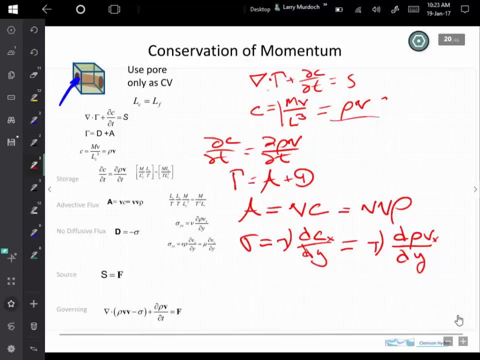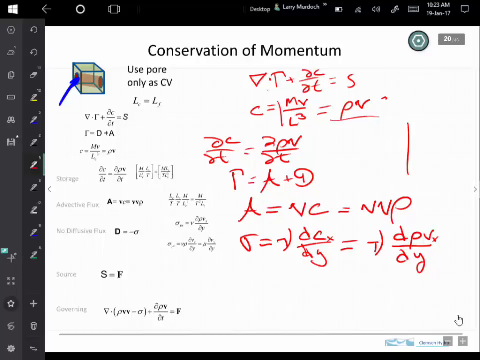And since we're taking a derivative, that's going in a particular direction. So we need to define the direction of the velocity and the direction of the derivative. So the diffusive flux of momentum is proportional to the gradient of the velocity in the x direction, where the derivative is taken in the y direction and the velocity is in the x direction. So here's what we've got.